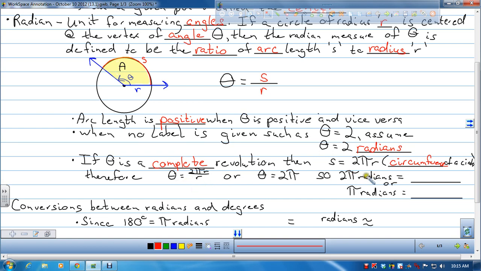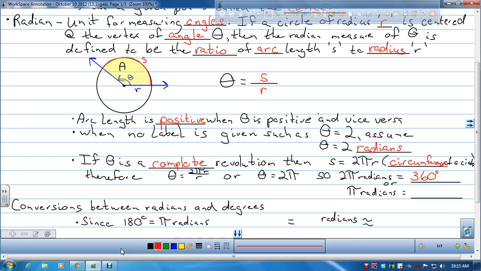So 2 pi radians here is going to be equal to 360 degrees. Okay. Those are equivalent amounts. 360 degrees is equal to 2 pi radians.